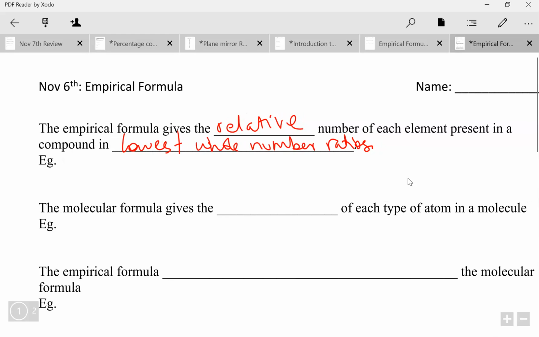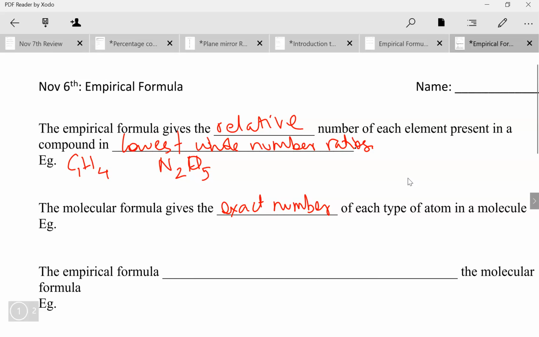So the molecular formula gives the exact number of each type of atom in a molecule. An example of an empirical formula can be something like CH4, where 1:4 is the lowest ratio. It could be something like N2O5, where 2 and 5 are in the lowest whole number ratio.